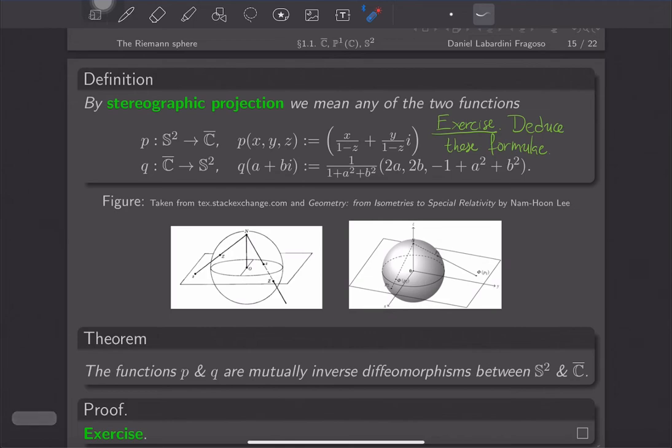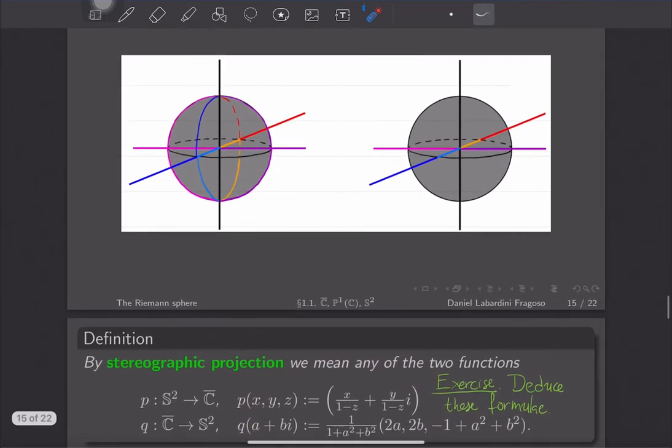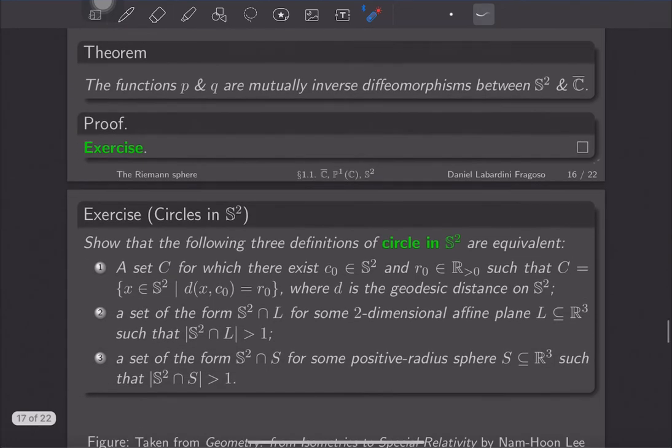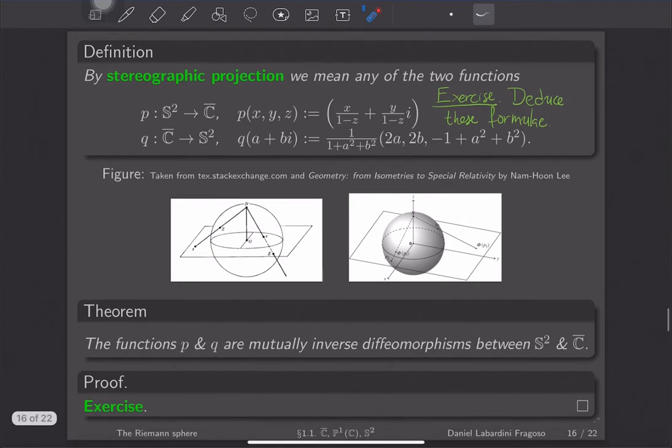One way is to say, it's simply because what these formulas tell you is that first you go from here to here, and then you come back. So those formulas should really give you inverse functions. Or the other way is just doing the computation. Either way.